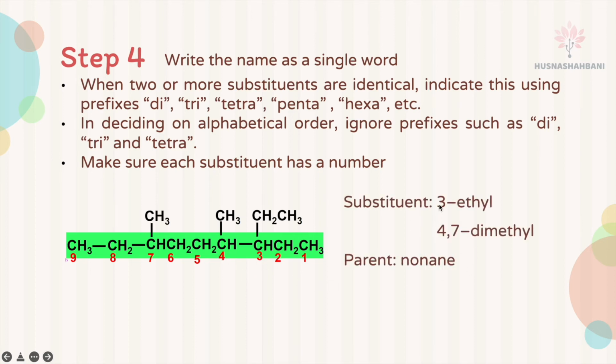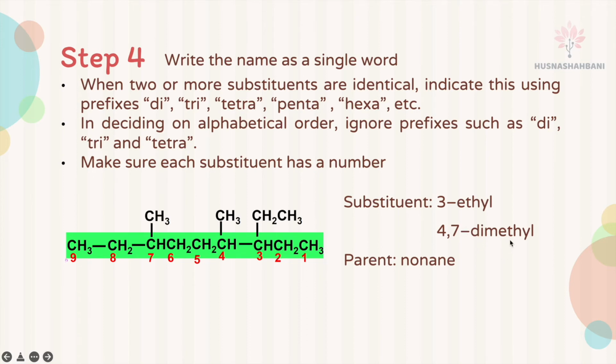The ethyl substituent at carbon number 3, and at carbon number 4 and carbon number 7, both methyl. So we write 4,7, number comma number, hyphen, number with letter, hyphen, dimethyl. Dimethyl means 2 methyl.